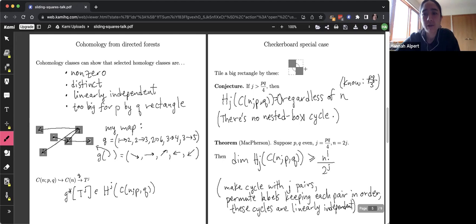In this case, all of the ways to permute the pairs as pairs are different homology classes and linearly independent. So that's a much larger size of the homology group in this case where we're in the rectangle.